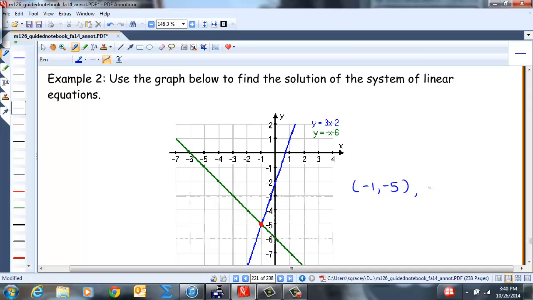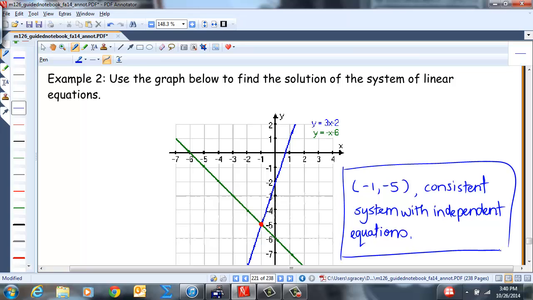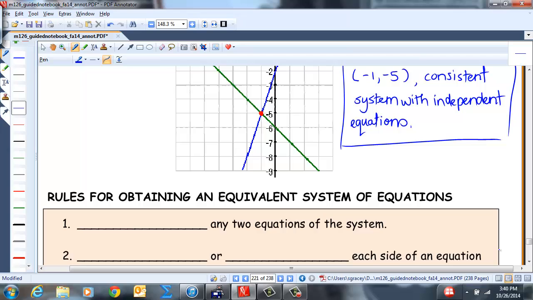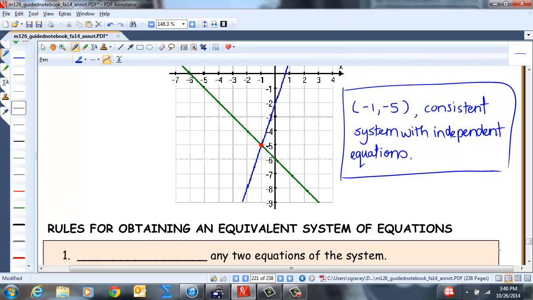And so this is a consistent system with independent equations. All right, so you can also yield a graph like that on your graphing calculator like we did in the warm-up.